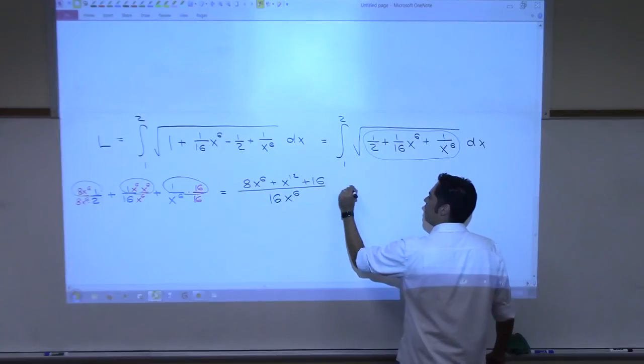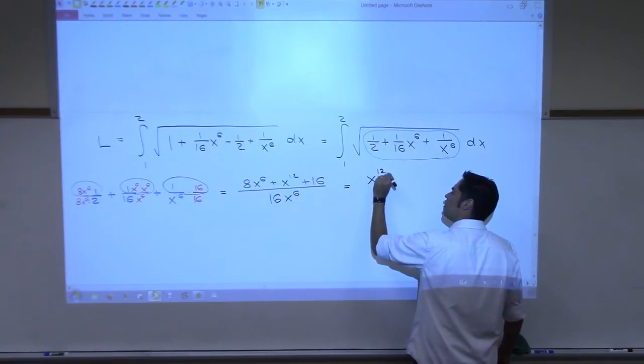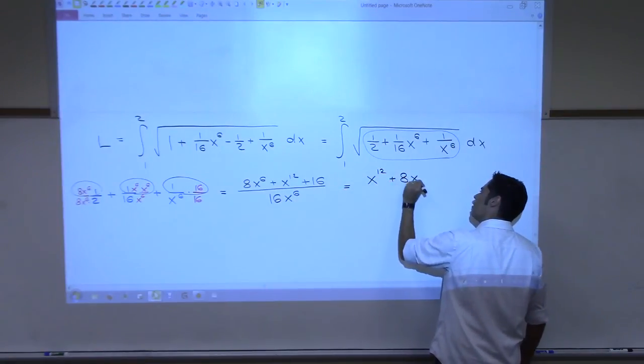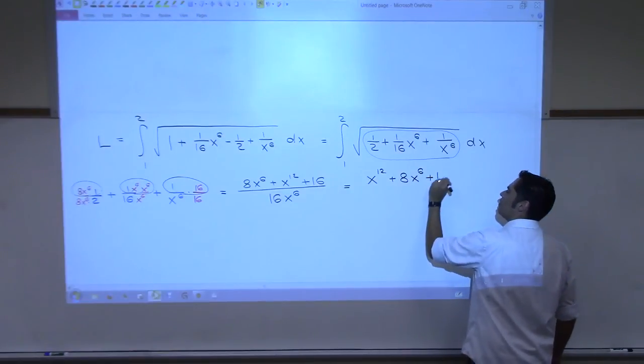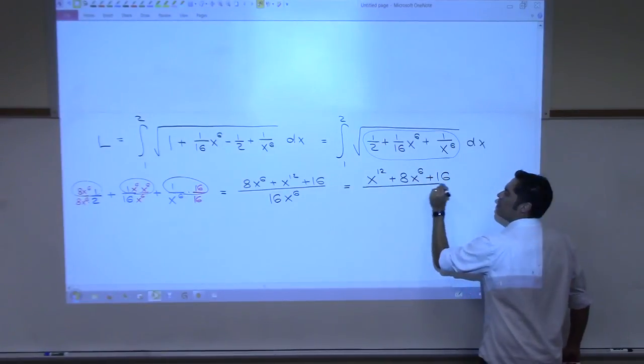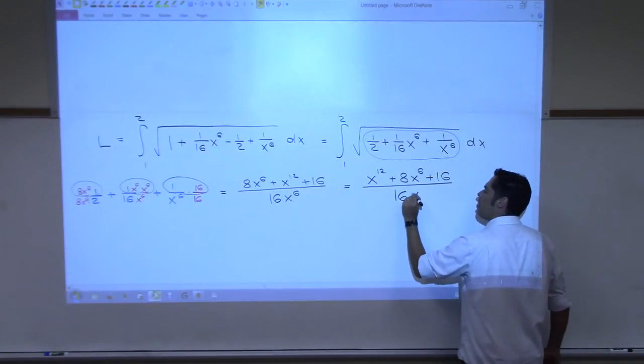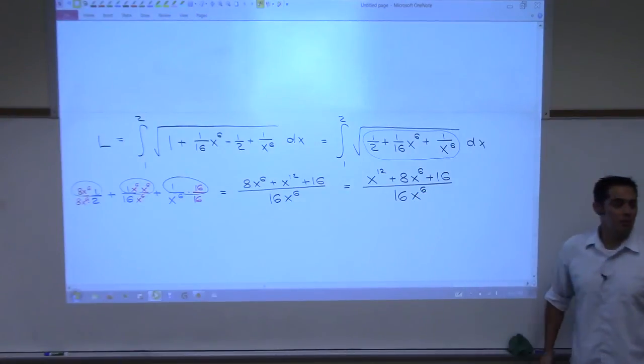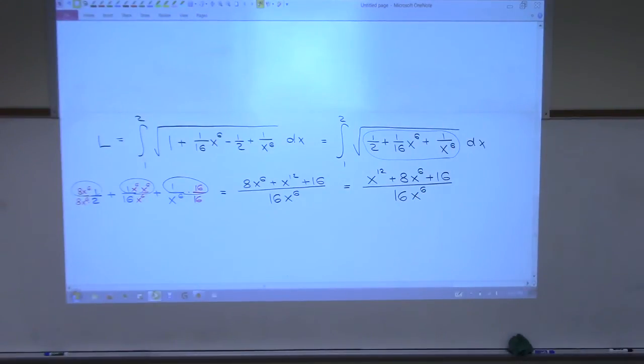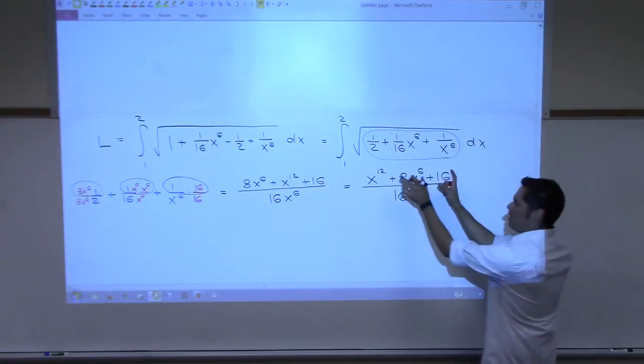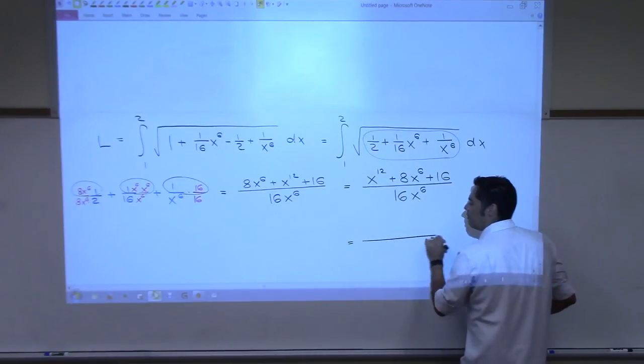Now, let me arrange this in descending order on top. Now I don't have any fractions. I'm hoping that at this point it's a little more obvious that the numerator is something very special. It's two things multiplied together. You can factor the top.